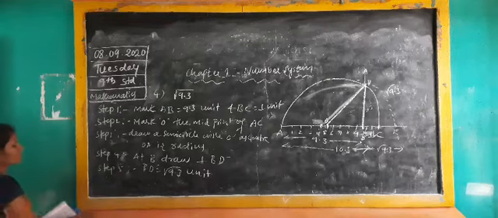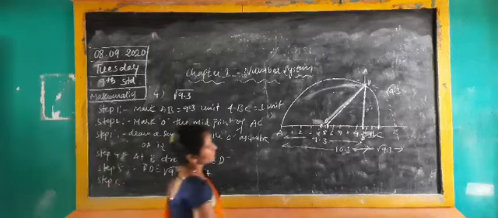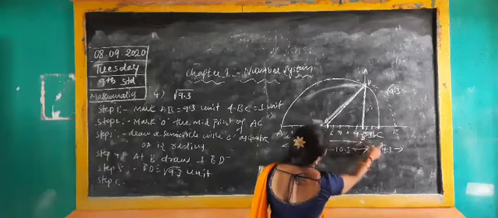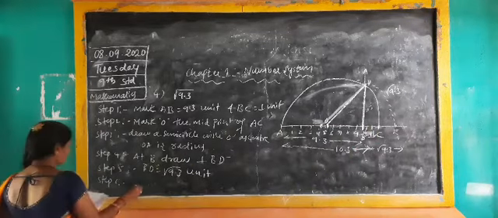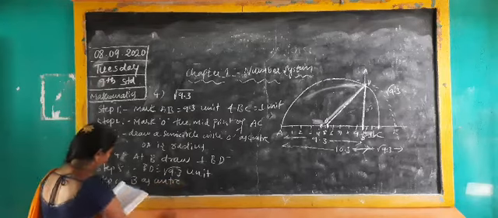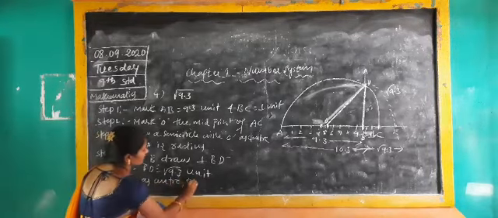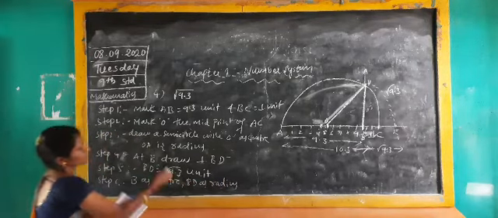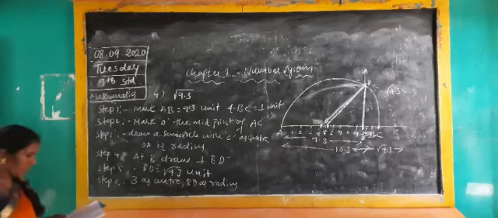Step 6. B as the center, and here OBC, B as the center, BD as radius. In the exam you write all those; just 4-5 points you should write.